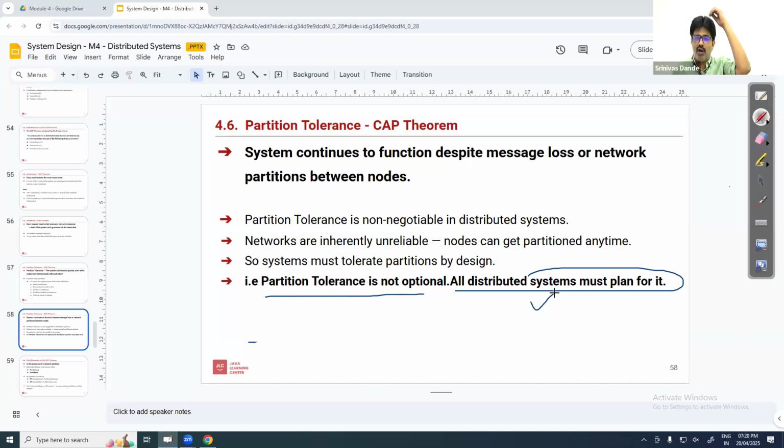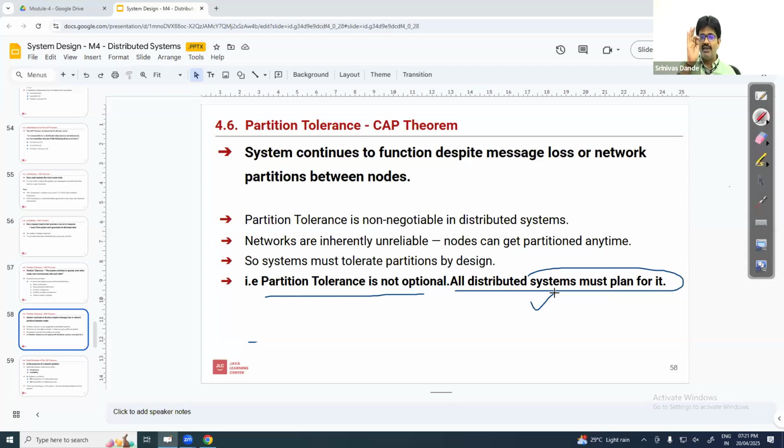Assume that there is a problem. It means you are planning for a problem. You are considering that the problem is there, not just that a problem may come. Assume there is a network problem, then how do you handle it in a distributed system? So we are considering partition tolerance, network failures.